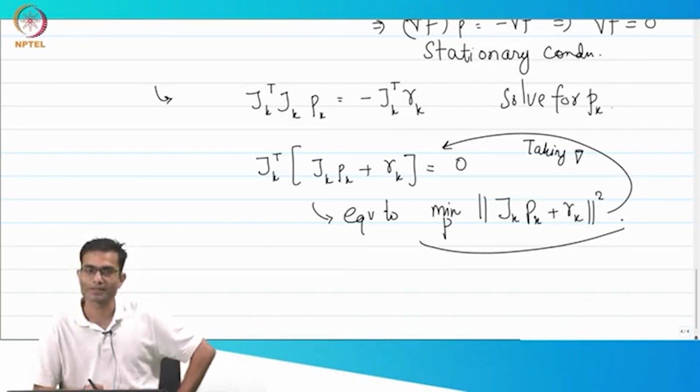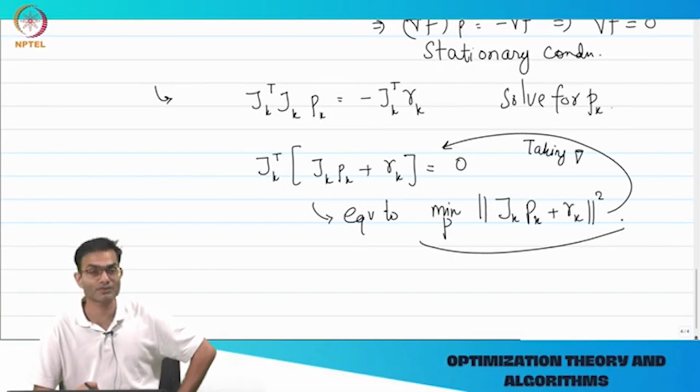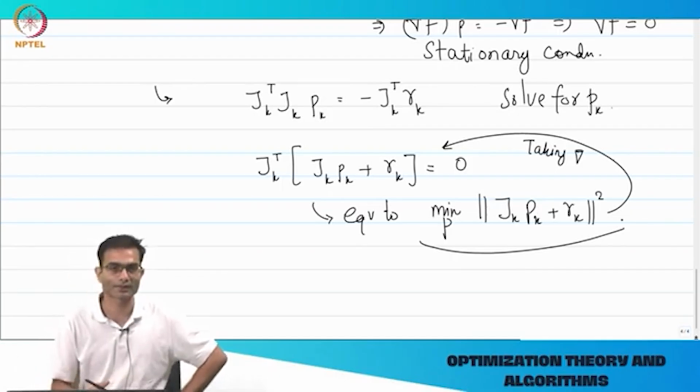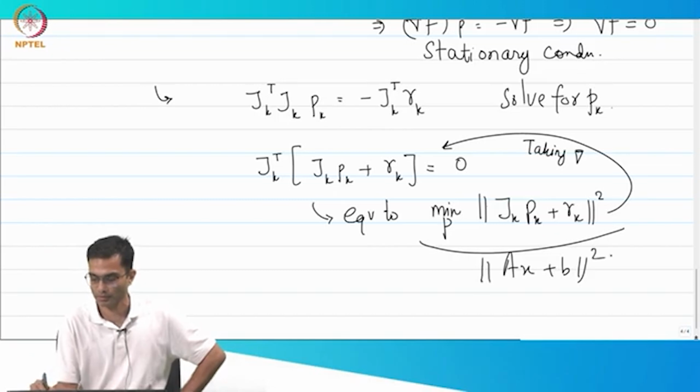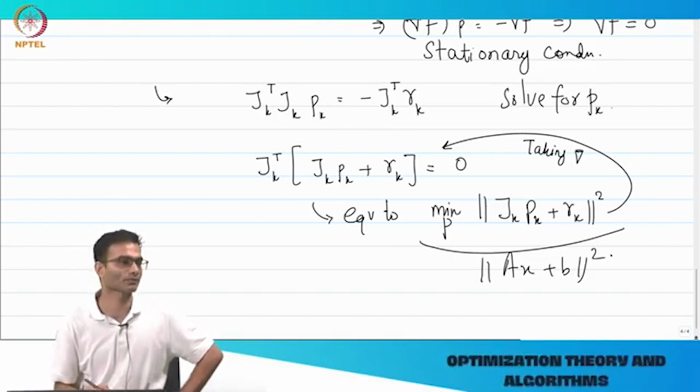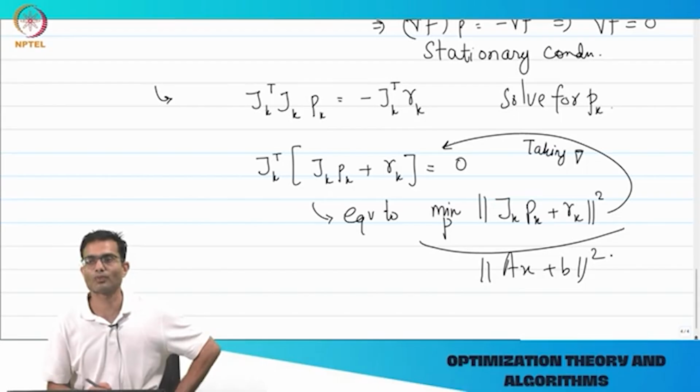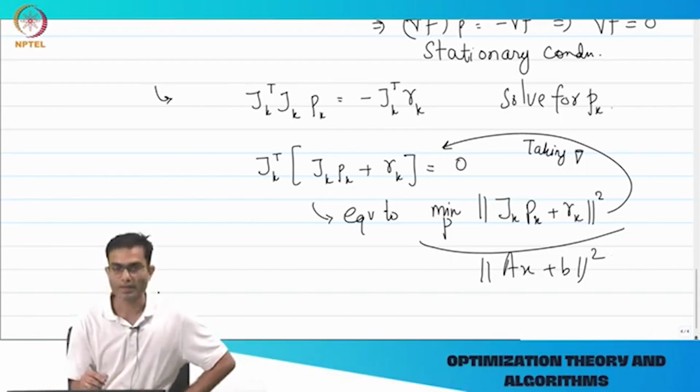In the linear least squares problem, your A was your J_k, and all of these terms are exactly like that. I don't even have to look at that. This is essentially Ax plus b whole squared, which was what my linear least squares problem was anyway. So, what is the conclusion over here?